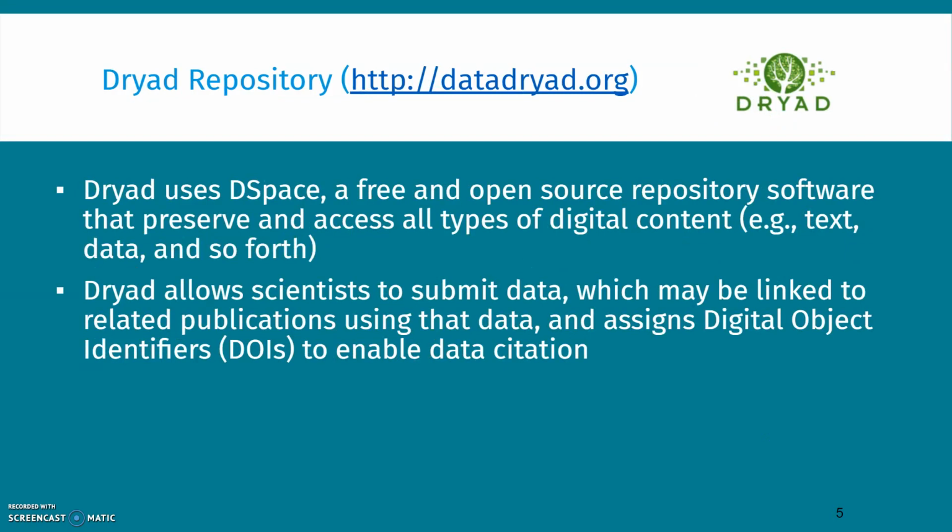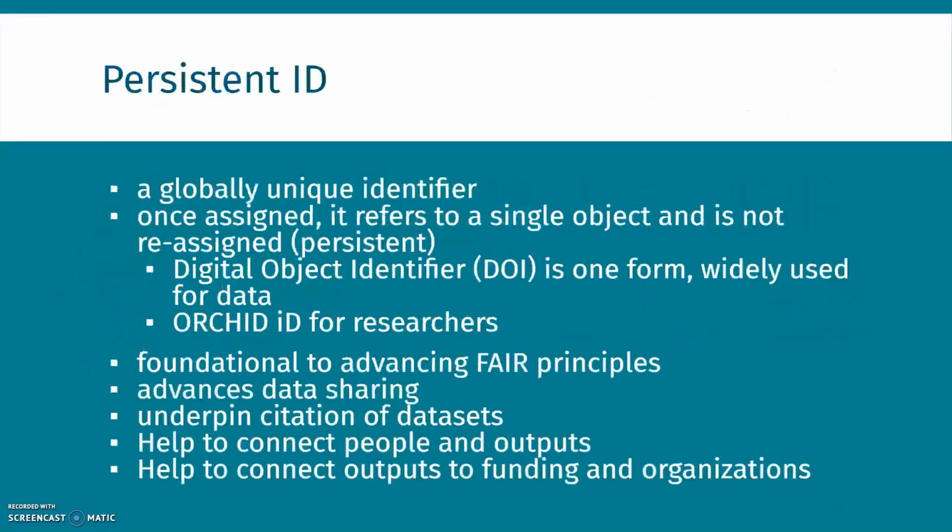Dryad is another repository. I've just mentioned two, but these are some of the bigger ones. Dryad uses DSpace, a free and open source repository software that preserves and provides access to all types of digital content. Dryad allows scientists to submit data which may be linked to related publications using that data, and assigns digital object identifiers to enable data citation.